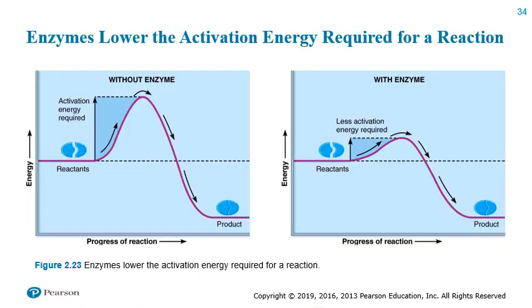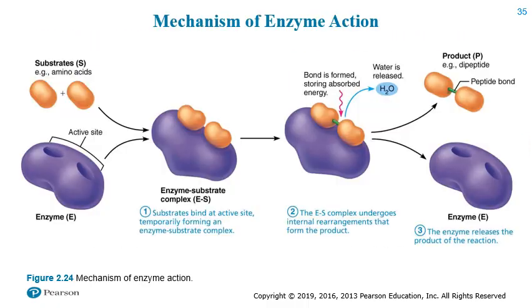So here's the picture I was showing you on lowering the activation energy. But again, your overall delta G has to be negative, otherwise your reaction is not going to happen, no matter how many catalysts you put in there. Here's a picture from the book showing how these proteins do that job.